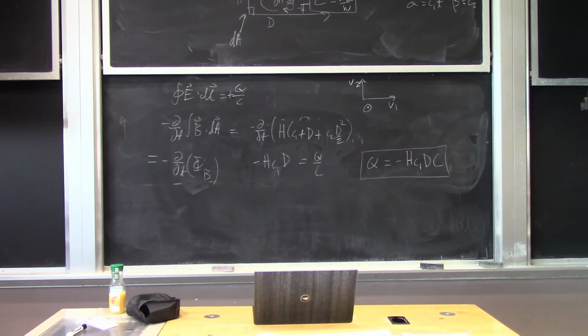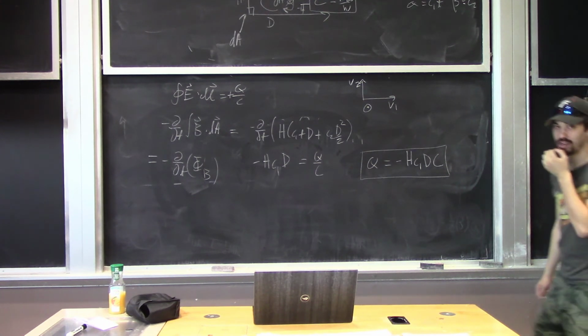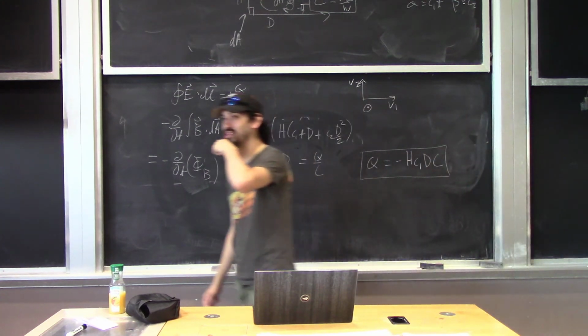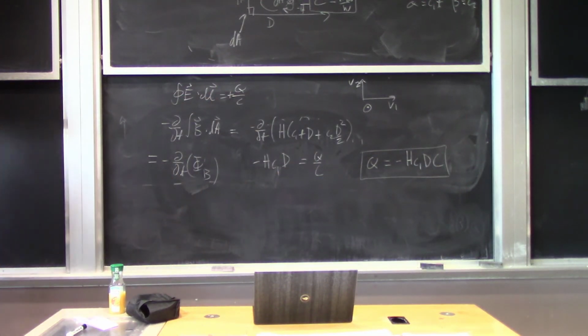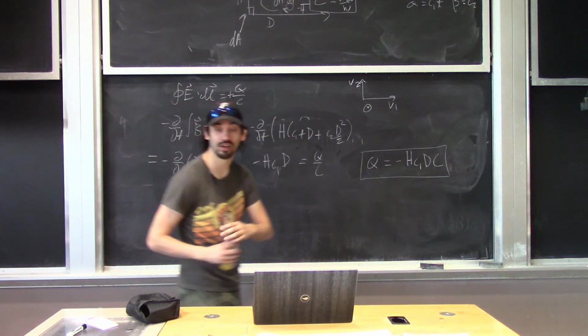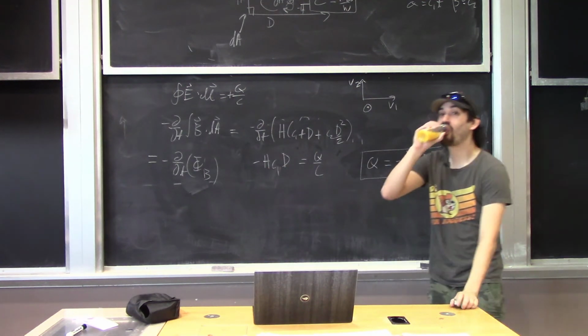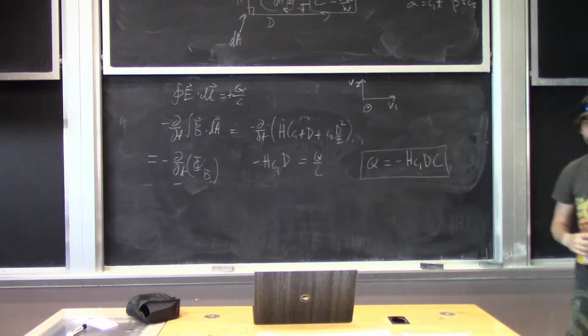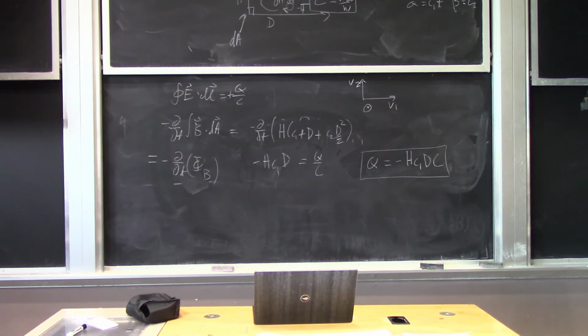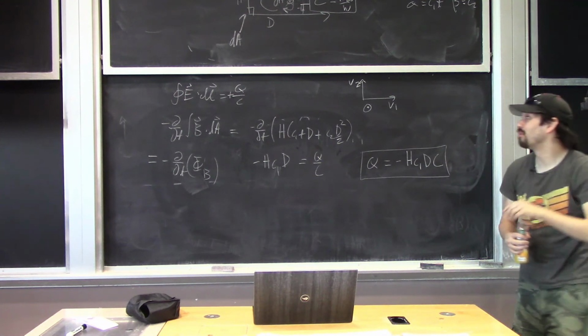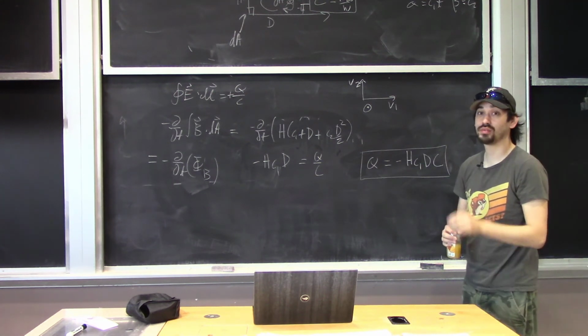So looking at this, there's actually something that should bother you. Actually, you were talking to one of the TAs about this yesterday. So what bothers you about this? All right. So it seems like no matter which way you calculate it, you're going to end up with a negative Q, or not necessarily, but it's getting to that, right?